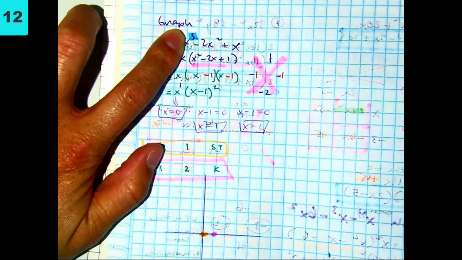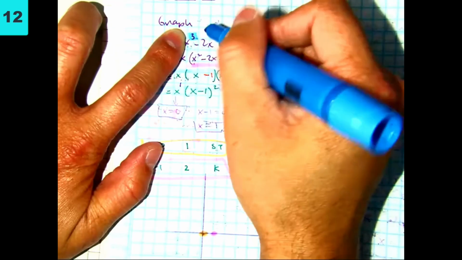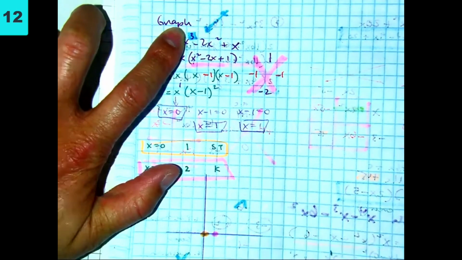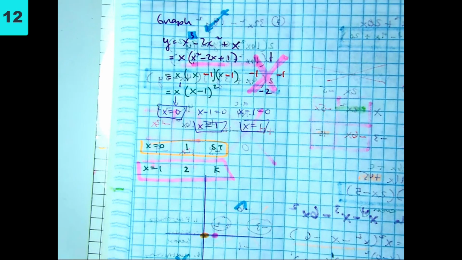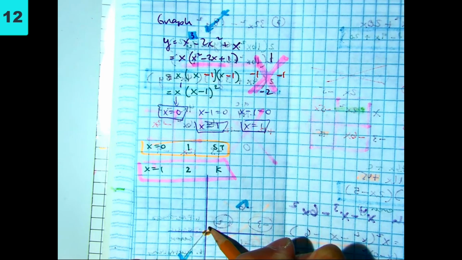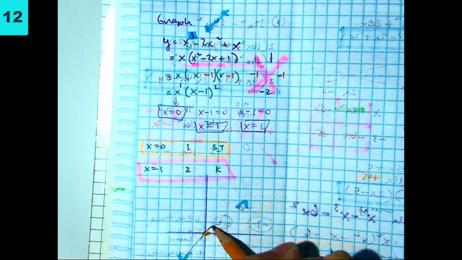Starts down, ends up. Sketch your graph. I have to go through the orange. I'm going to bounce off the pink, kiss, and then go back up. And that's my graph.